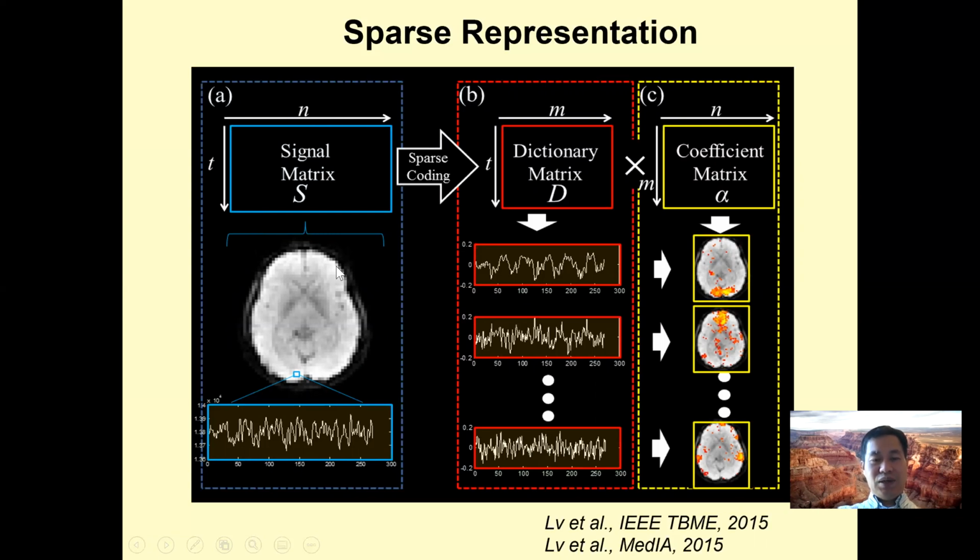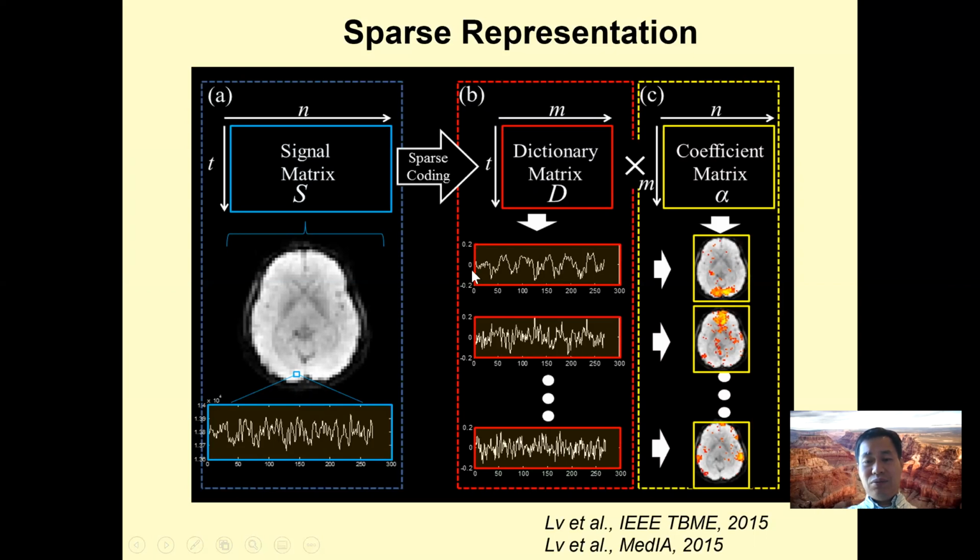Then we have an input signal matrix S, and we decompose S into two matrices. One is called the dictionary matrix D, the other is called the coefficient matrix. The idea is to put a sparsity constraint on the matrix decomposition.